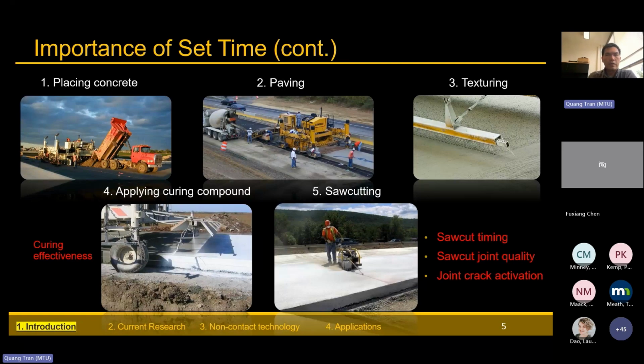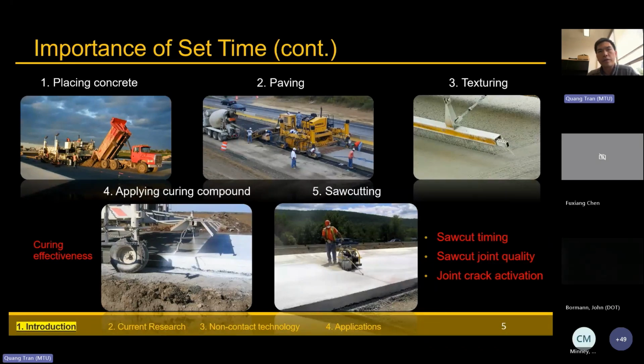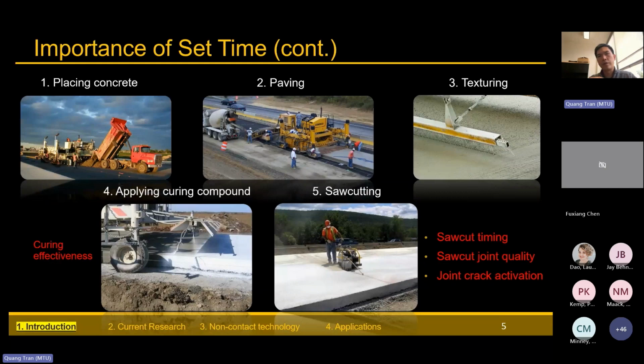Furthermore, the set time of concrete pavements influences many construction activities. It influences the time that we place the concrete, because if we pave the concrete after it has set, it results in really bad quality for the pavement. It also influences the time that we need to do the texturing to create friction, and the time that we apply curing compounds to ensure the hydration of the concrete materials.